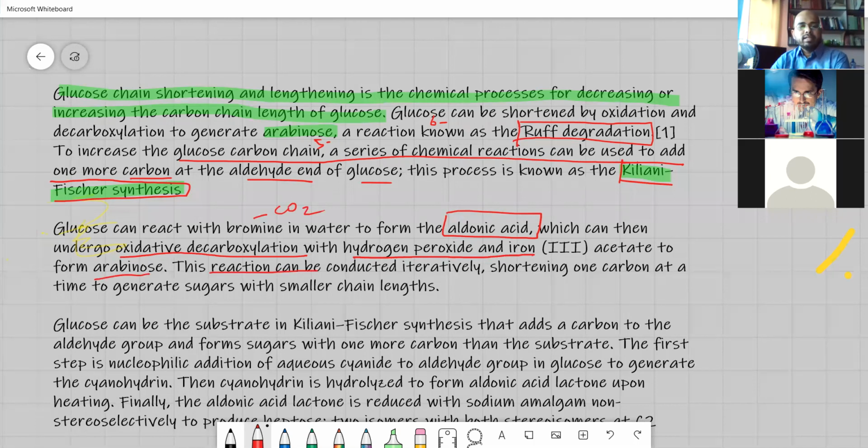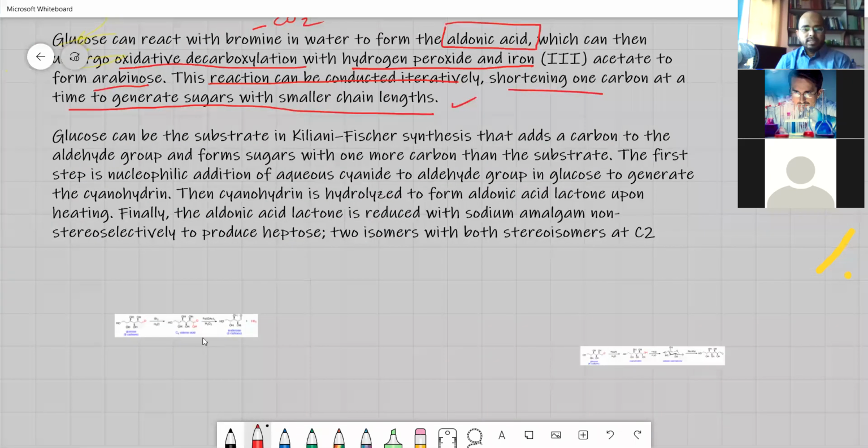This reaction can be conducted iteratively. Iteratively means one by one, one carbon at a time, to generate sugars with smaller chain lengths. This is the important process in that. I'll explain this.